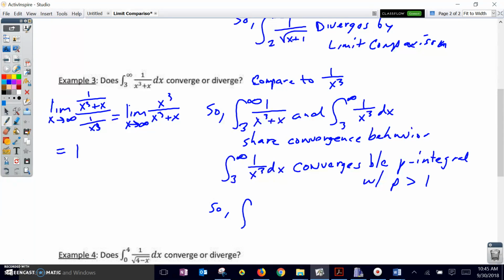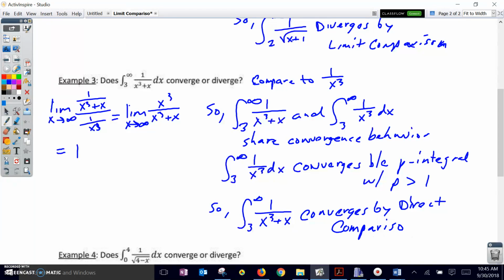So, the integral from 3 to infinity of 1 over x cubed plus x converges by, pardon me, limit comparison.